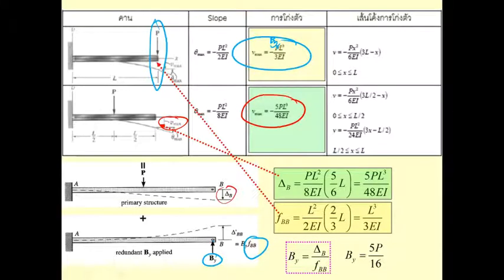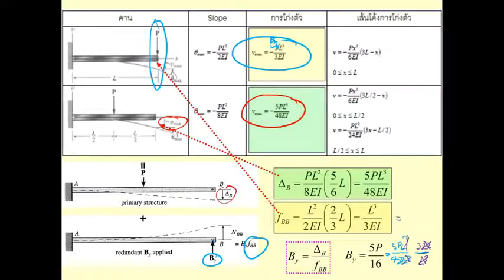This one is going to be 5PL cubed over 48EI. Then it's going to be divided by, okay, what is this going to be? L cubed over 3EI. So this one cancels, this one cancels, L cubed cancels, L cubed cancels.